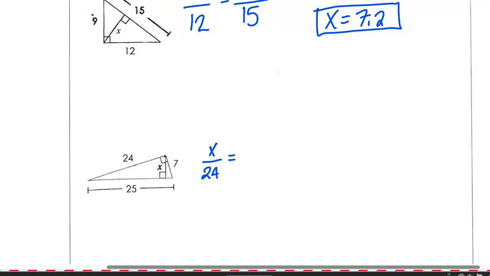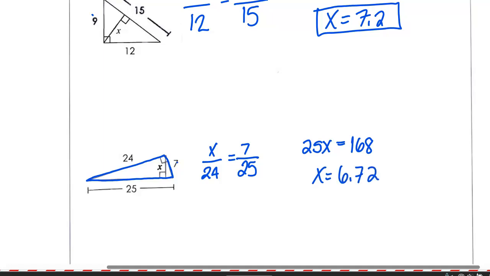And then let's look at this big triangle. And we have the small leg over the big hypotenuse, which is 25 here. And then we solve. And so we solve for x and we get x equals 6.72.